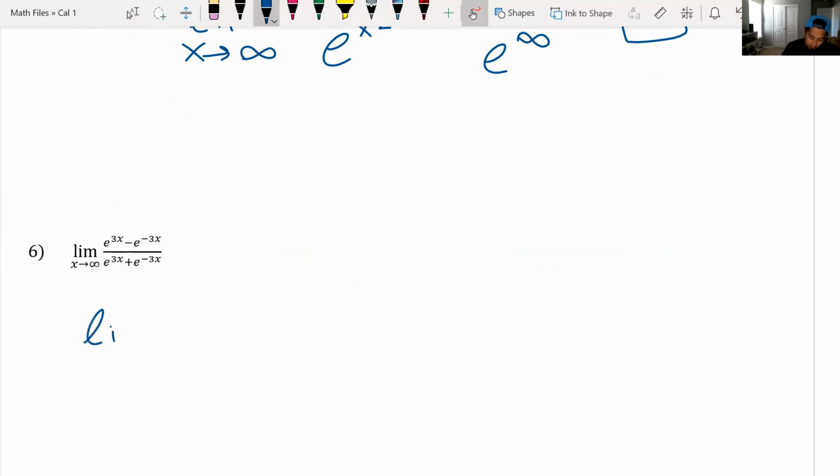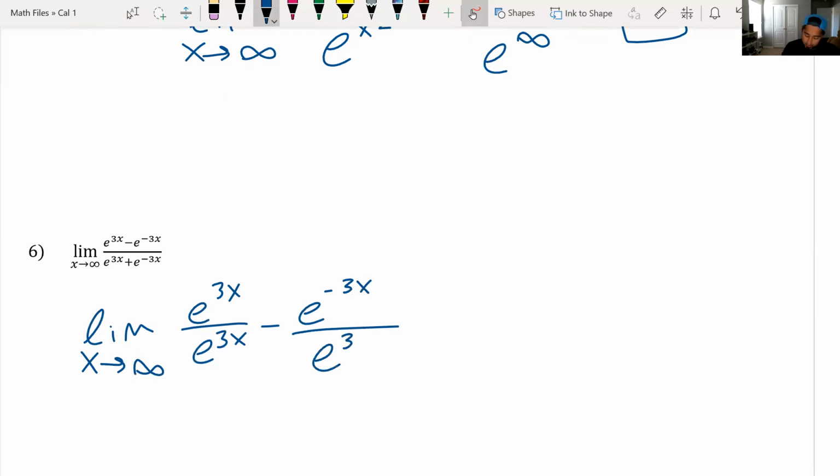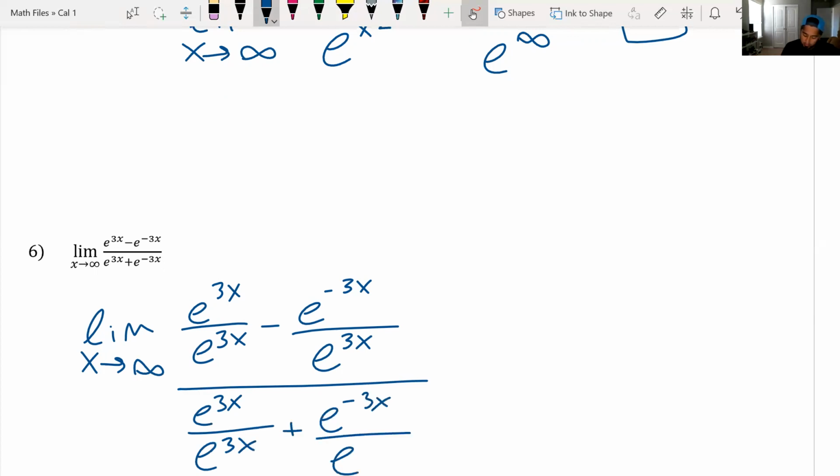So you'll get the limit as x approaches infinity of e to the 3x over e to the 3x minus e to the negative 3x over e to the 3x, over e to the 3x over e to the 3x plus e to the negative 3x over e to the 3x.